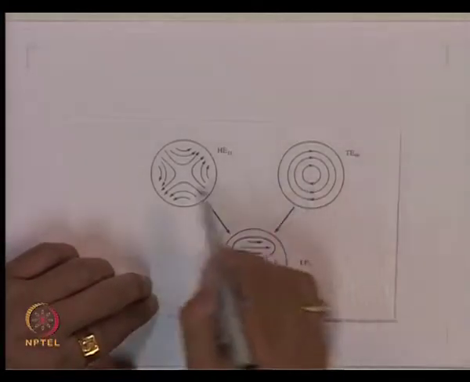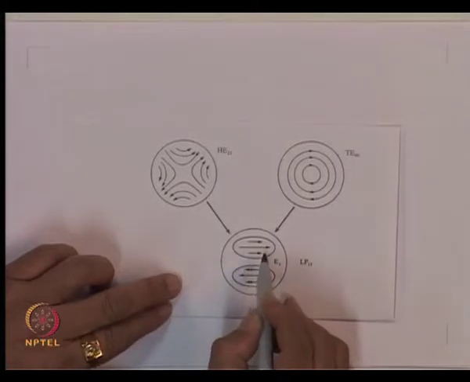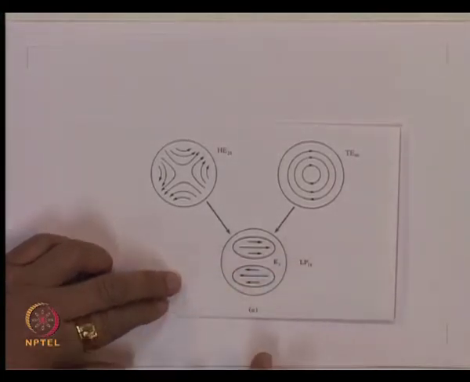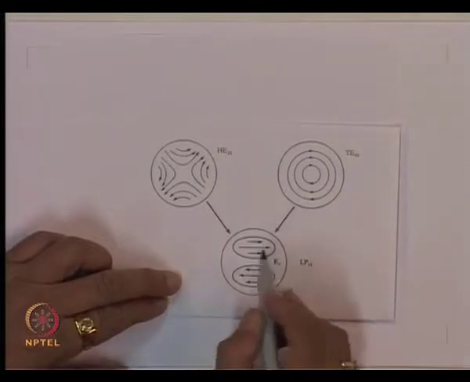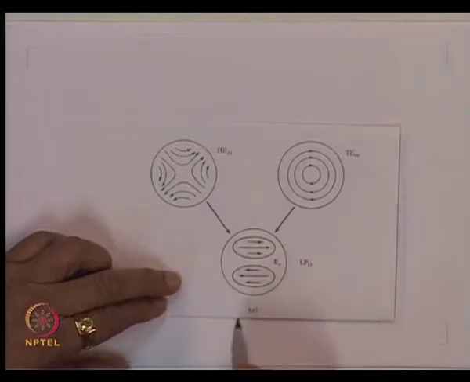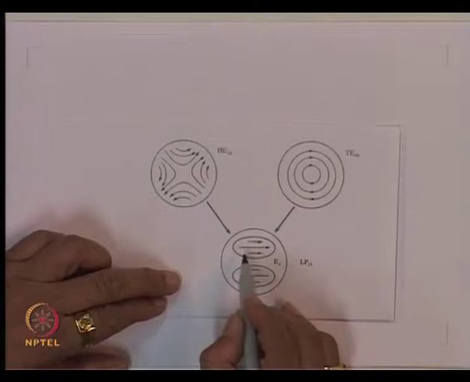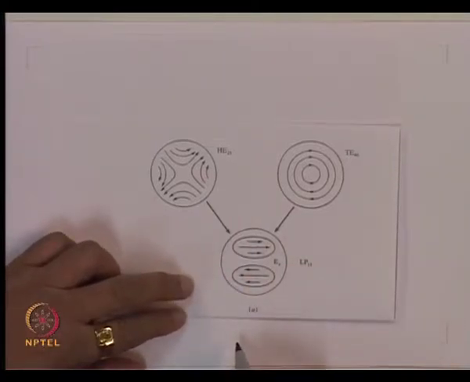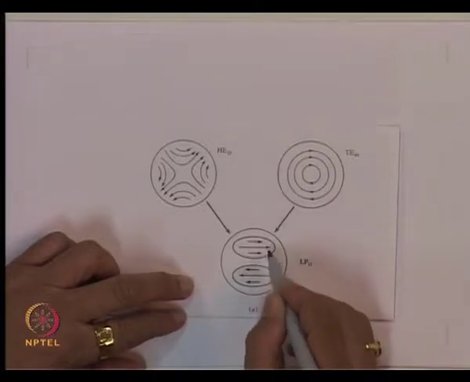So, the combination of these two fields essentially generates a net electric field which is horizontal everywhere, but the intensity variation follows a one cycle variation. This is the LP mode because the field is linearly polarized everywhere, and in this case it is horizontal, and it has one cycle variation in the azimuth.